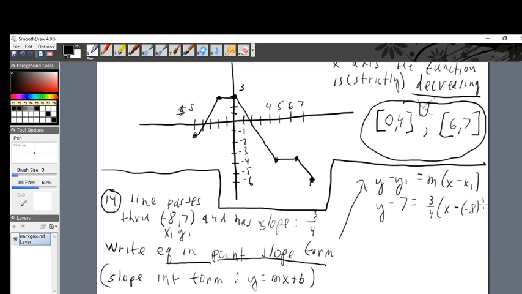Bear with me. I've got to clean that up and we'll be finished. y minus 7 equals 3/4 times x plus 8, minus is plus, and that's it. This is in point slope form of the line. That's what they wanted. They actually made our life easier. No fractions or anything like that. And there we present it to them. Finished. Do not isolate the y.